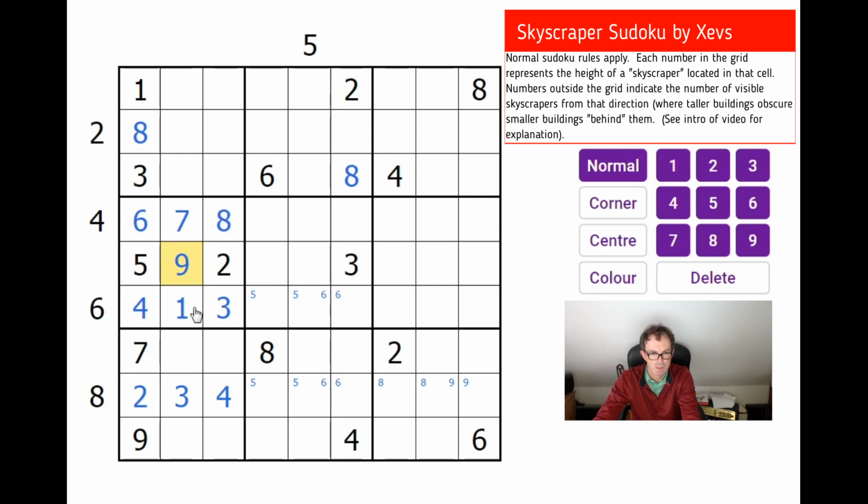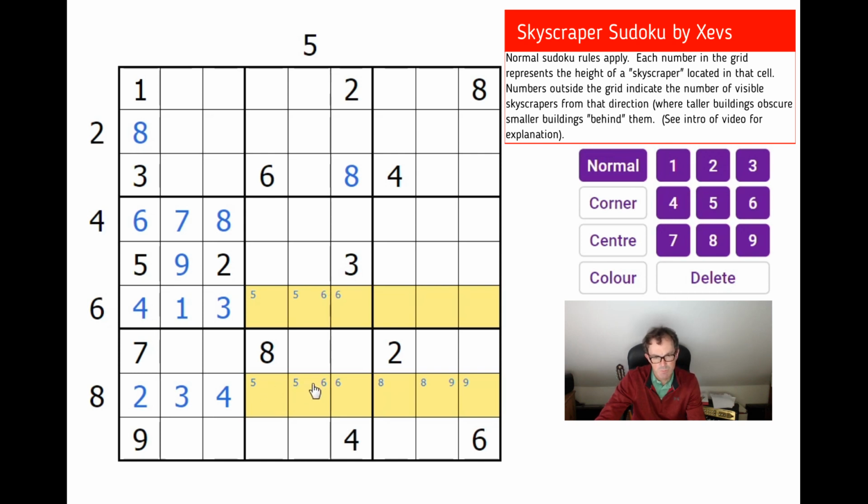Now, I'm just coming back down here because there's something. Oh, this is absolutely incredible. I think this is incredible. If we look at what we've got along this row and this row, let's just focus on the 5s first.